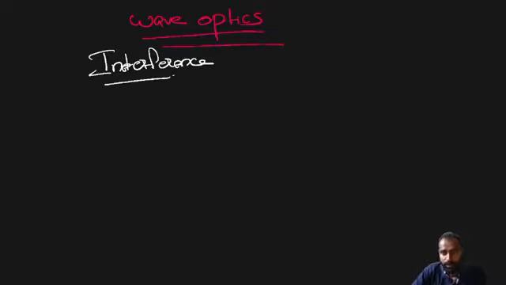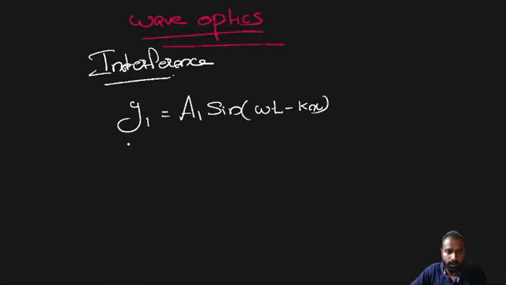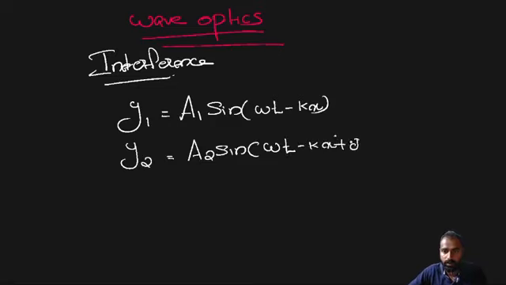So, interference is nothing but just superposition of waves. Suppose we have waves like y1, the first wave, a1 sine(omega t minus kx). And I have another wave y2, which is a2 sine(omega t minus kx plus phi).